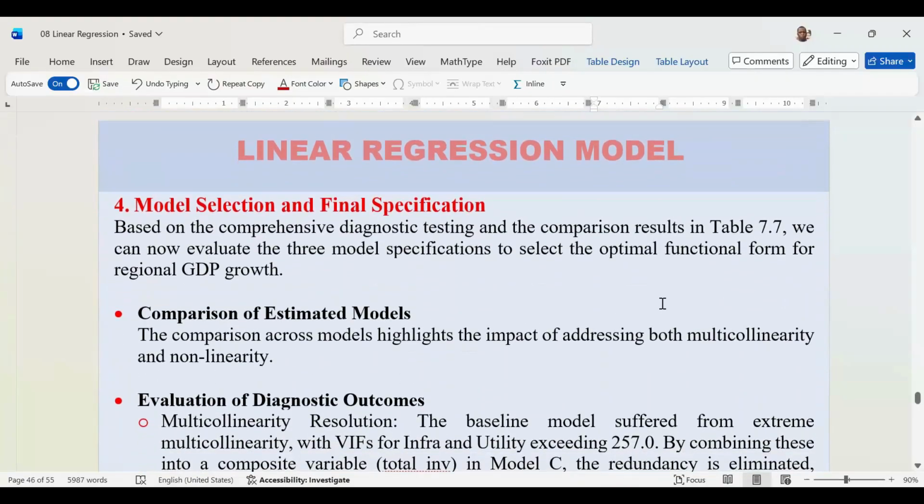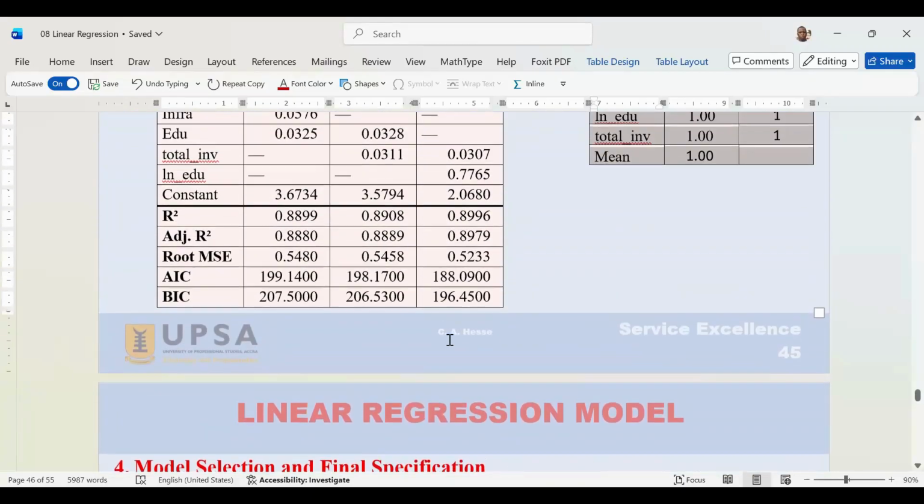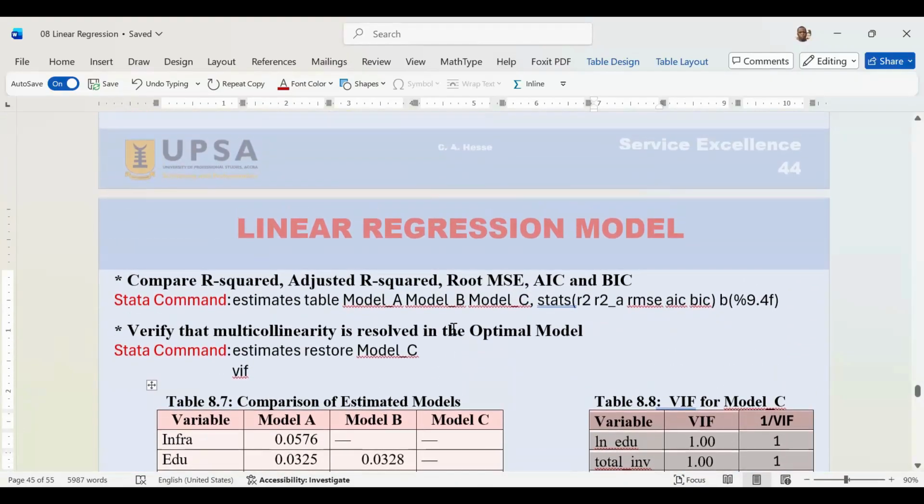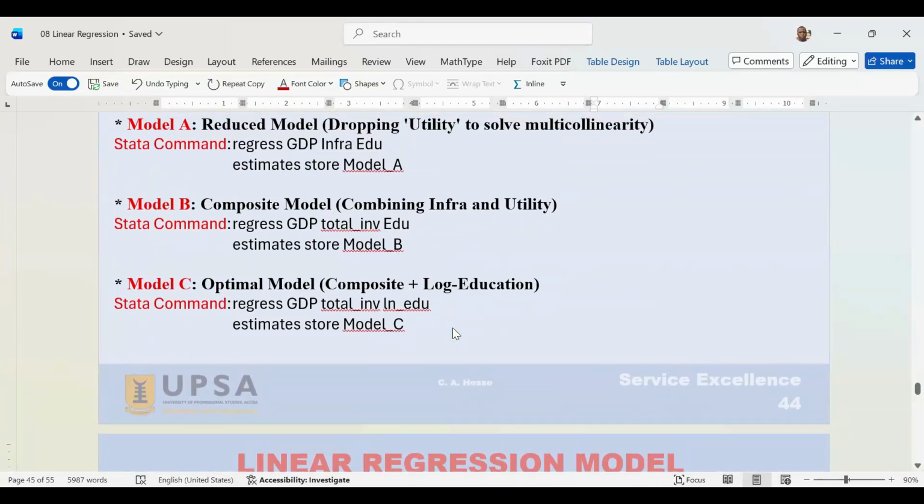Yes, sir. So let me take you back and ask you a question. I want to find out the reason why you created a log for education. Is it because you also created composite variables for infrastructure and utility so that it can match them? No, not that. Sometimes it's just a matter of trial and error.